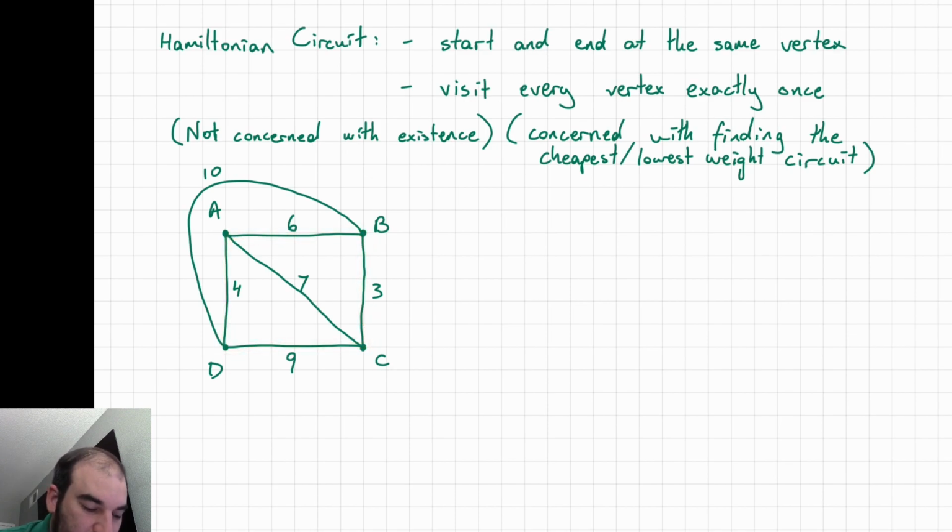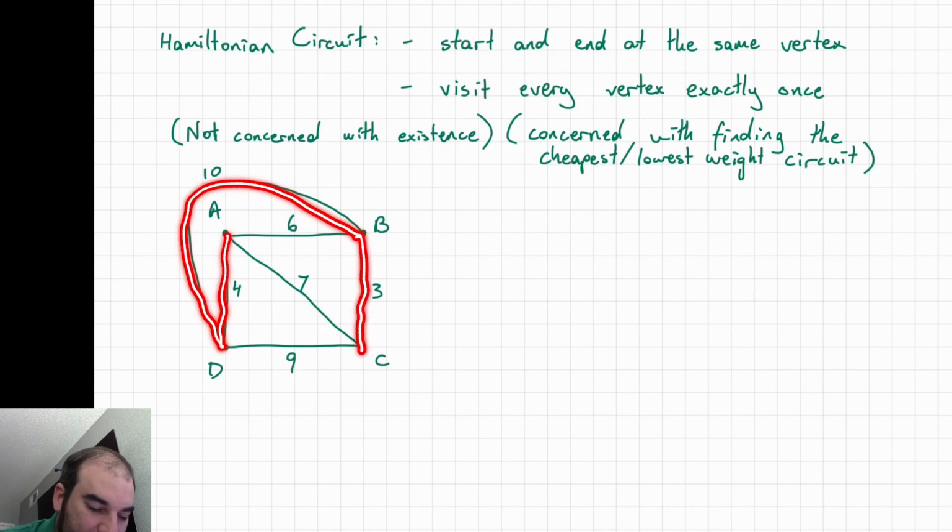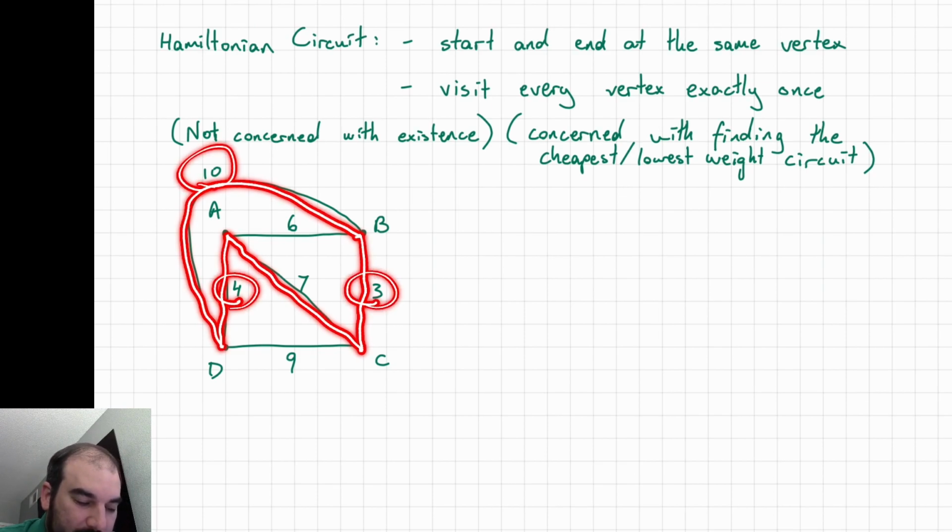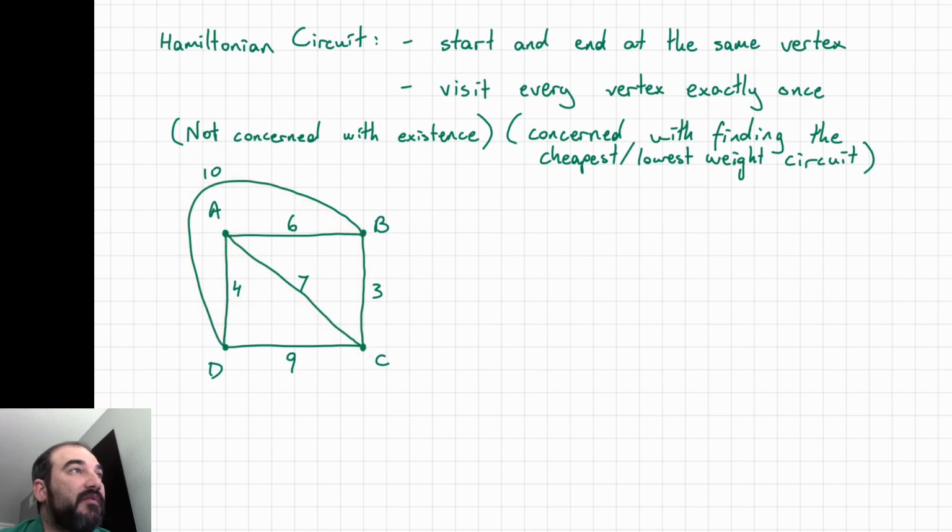Instead, if I were to go from A to D, and then D around this edge to B, and then to C, and then to A, that would have a different cost associated with it, right? I would go 4, and then 10, that's 14, and then 3 more, that's 17. We would take 7 more, that would be 24. So that one is more expensive to travel around that way, even though we're traveling to every vertex exactly once.